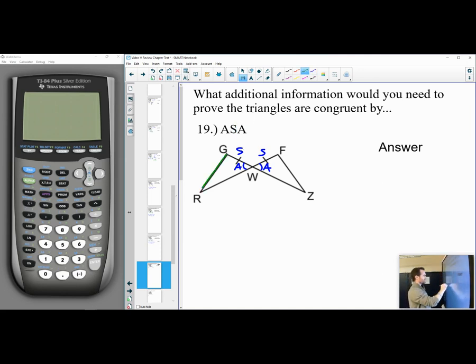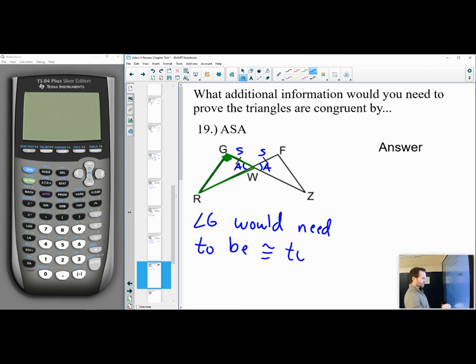In this triangle, for angle, side, angle, we want the side to be in between the two angles. The angle that would do that is angle G, which means angle G would need to be congruent to, let's check the other triangle now.